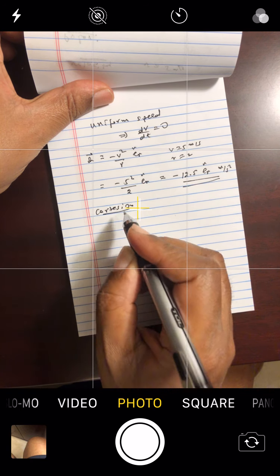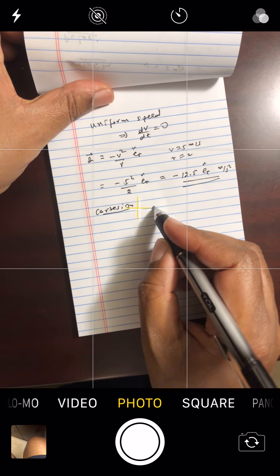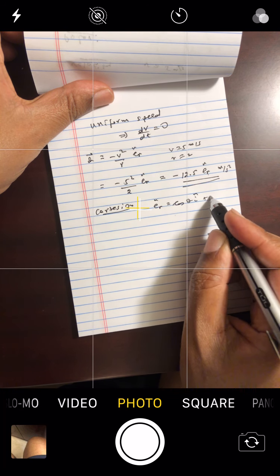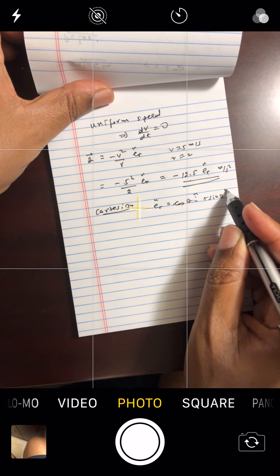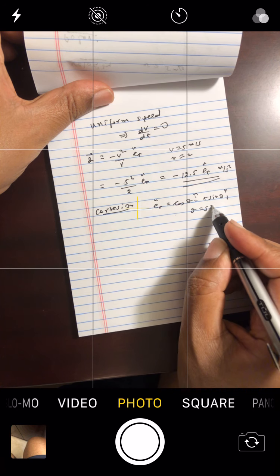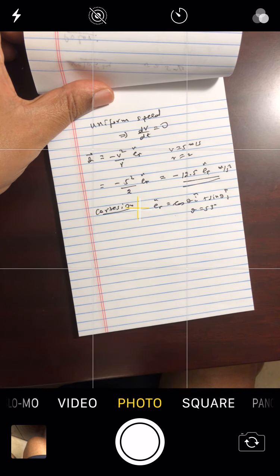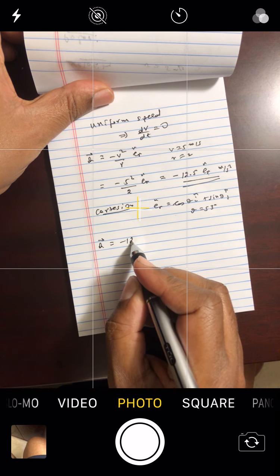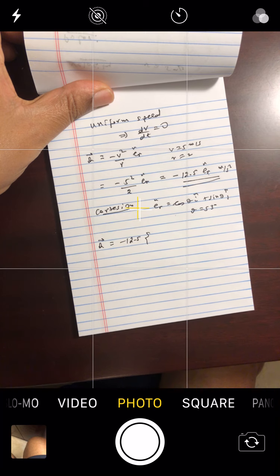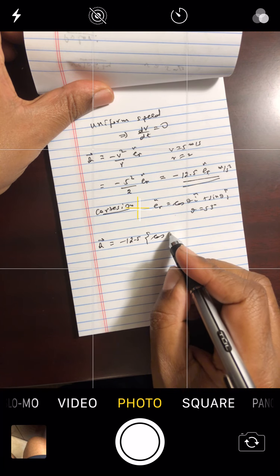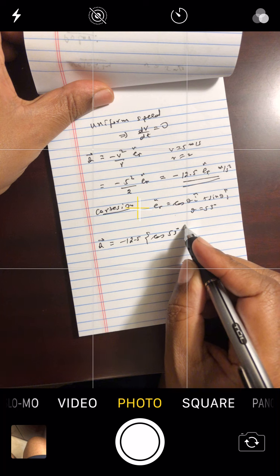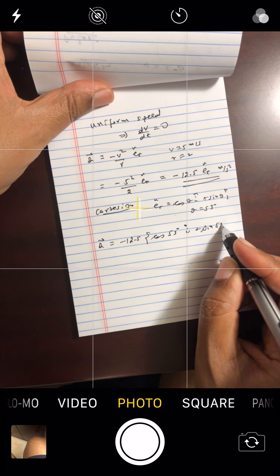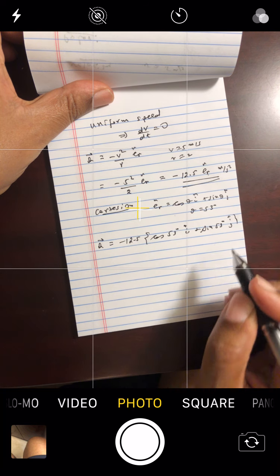All we have to do is replace e_r in terms of i and j: cosine theta in the i plus sine theta in the j, and theta equals 53 degrees for this problem. So the acceleration is negative 12.5 times cosine of 53 degrees in the i direction plus sine 53 degrees in the j direction.